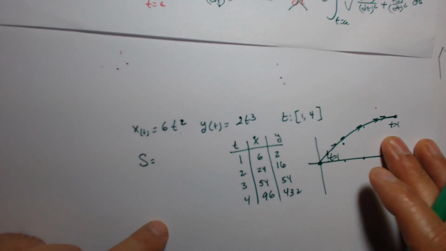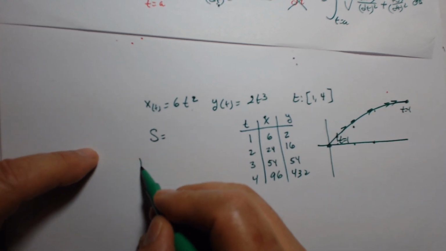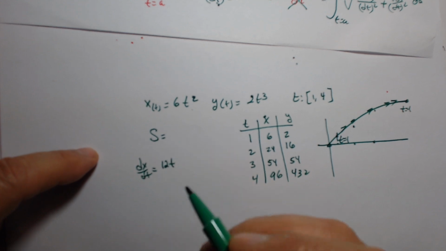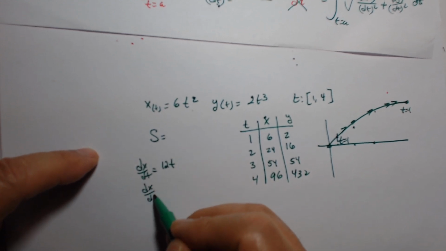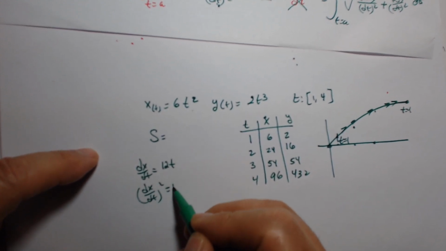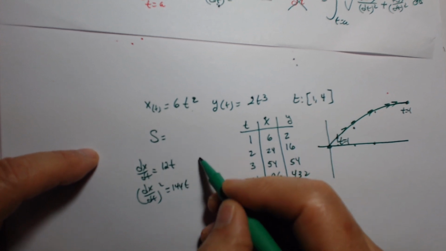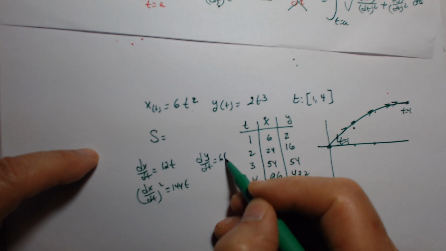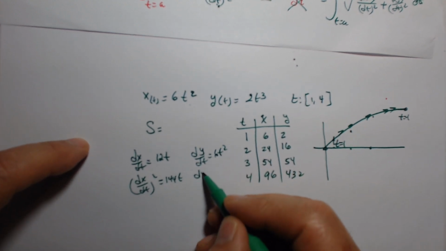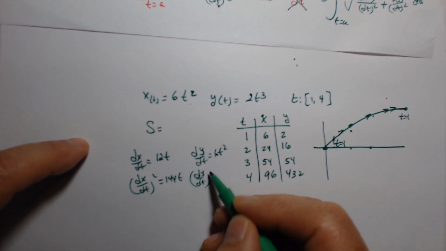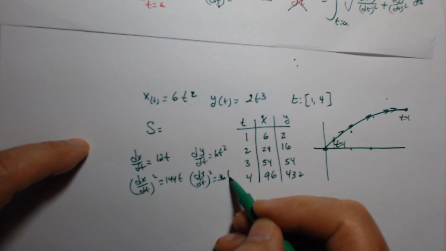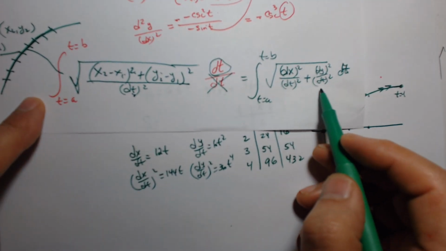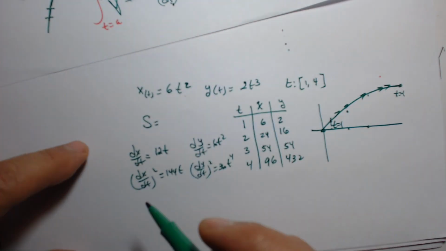Number one, for the arc length, you need dx/dt, which is 12t. You need dx/dt squared, which is 144t squared. You need dy/dt, which is 6t squared. And you need dy/dt squared, which is 36t to the power of 4. Then you have to add these together and take the square root.